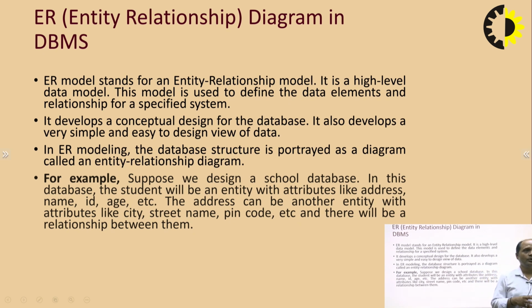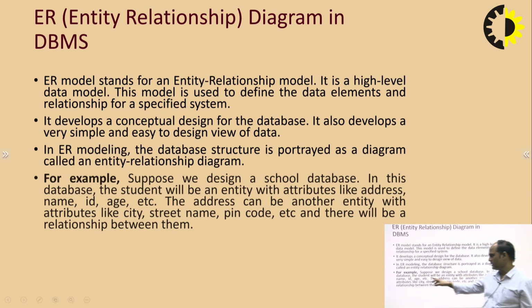It is basically a conceptual design for the database, developed for understanding the particular data or database. In ER modeling, the database structure is portrayed as a diagram called an entity relationship diagram.